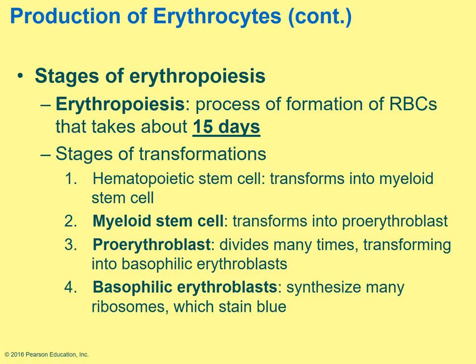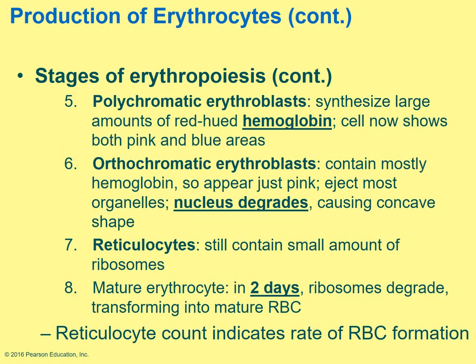That's going to divide many, many times and eventually transform into what is known as a basophilic erythroblast. This then is going to form the polychromatic erythroblast. And then you have your orthochromatic erythroblasts.